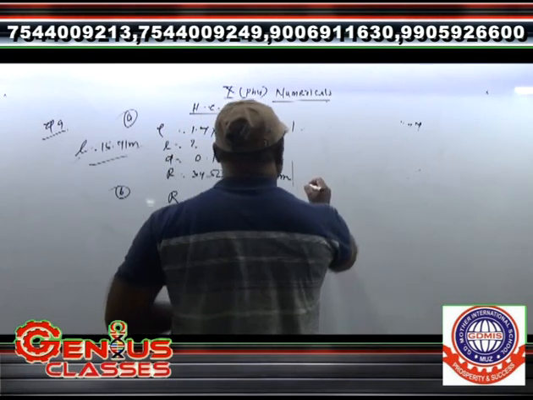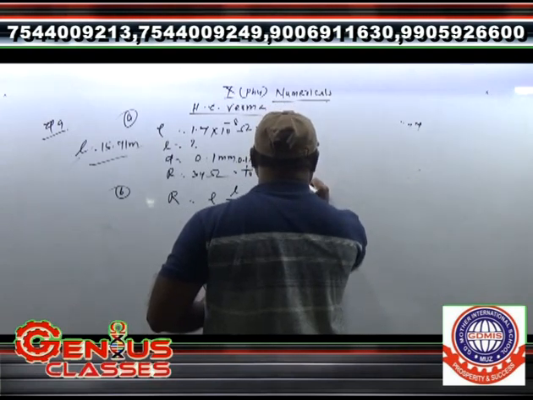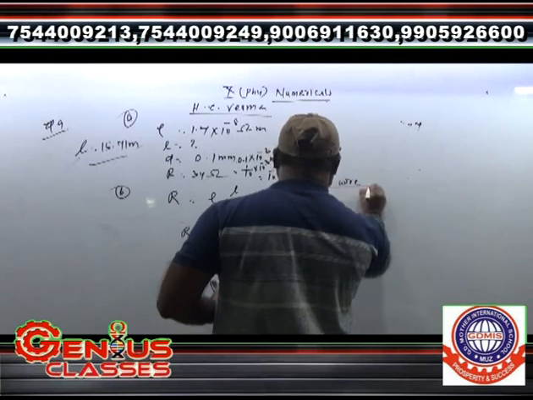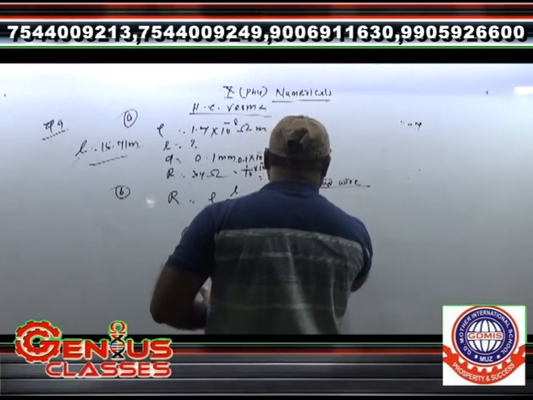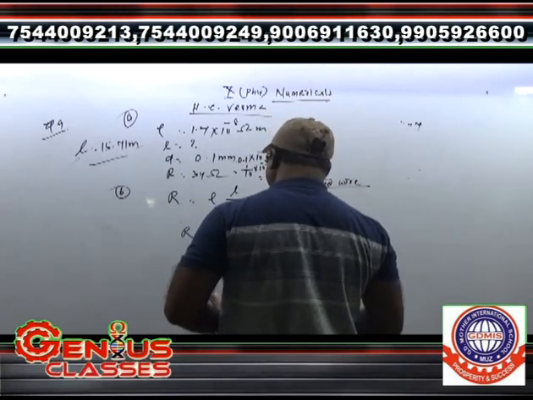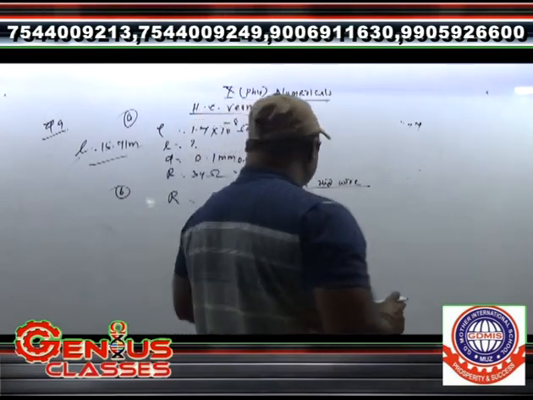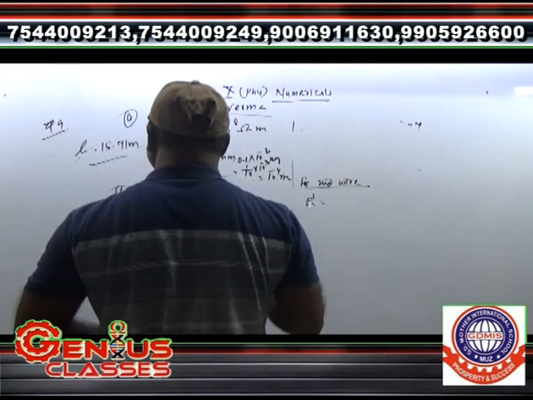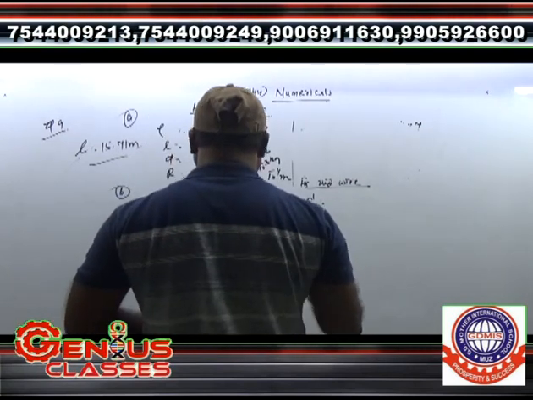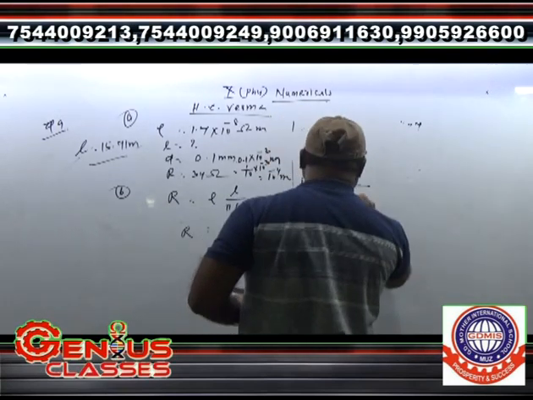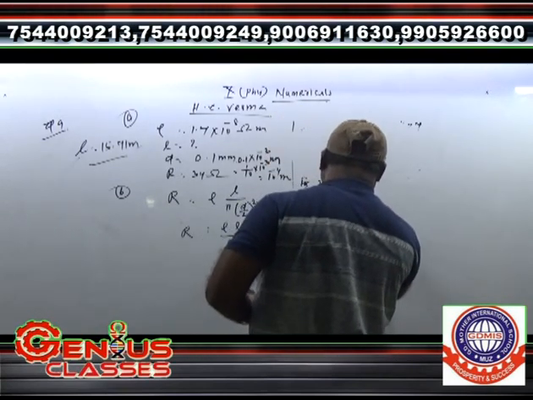Okay, the second wire's resistance will be R dash. Do you think the resistivity will change? No, because resistivity depends upon the nature of the material. So the resistivity remains the same. The length is the same.